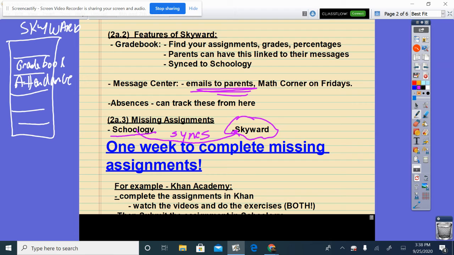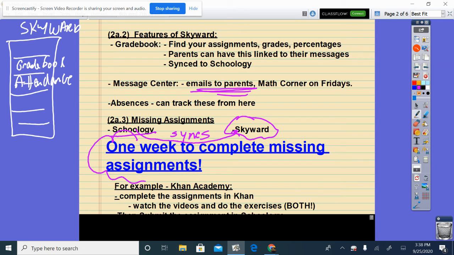When they're graded, that doesn't happen right away, people. Right now, especially at the beginning of the year, I'm learning how to use Schoology and different systems, so please be patient with the grading. It will be getting in there a few days after the assignment is due. Also remember that I have 2 days that have the same class. So be patient, but Schoology syncs into Skyward.